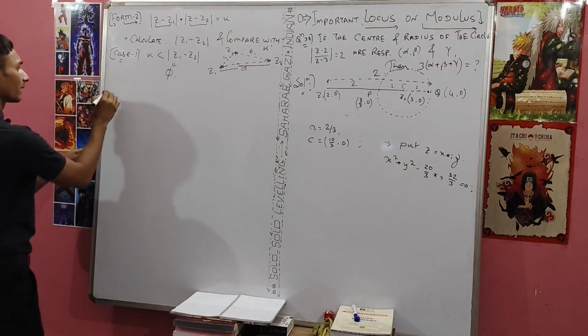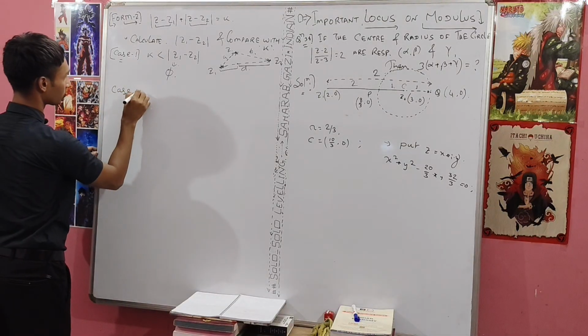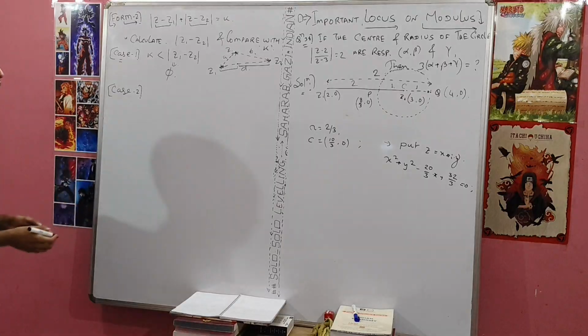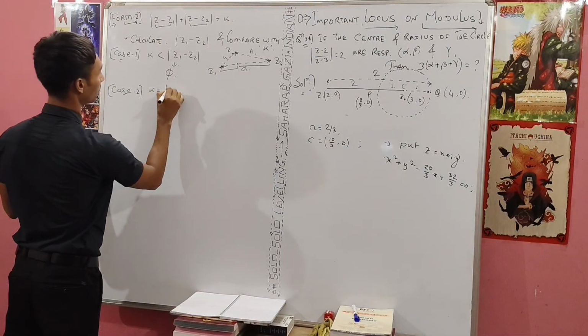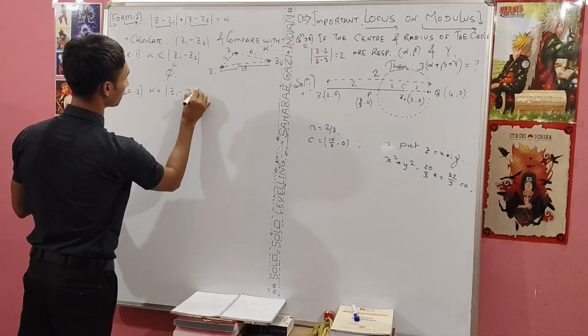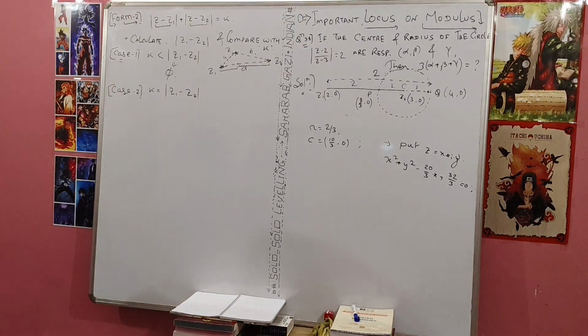Okay, now case 2. Case 2 is already taught, when k is equal to mod of z1 minus z2.